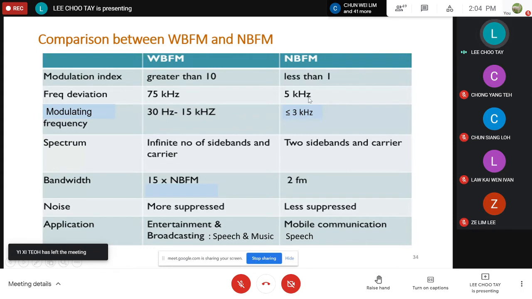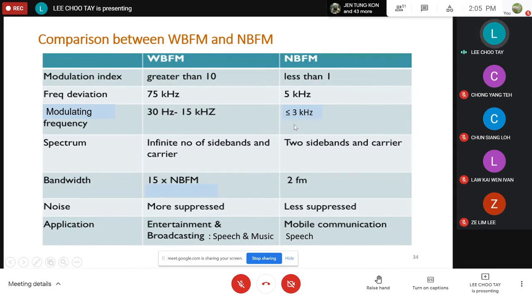And then for modulating frequency, which means the baseband signal frequency, the wideband FM basically can transmit any baseband signal frequency from 30 hertz to 15 kilohertz, whereas narrowband FM is suitable for baseband signal frequency that is less than 3 kilohertz. So you can see that less than 3 kilohertz is only the speech signal, voice signal.